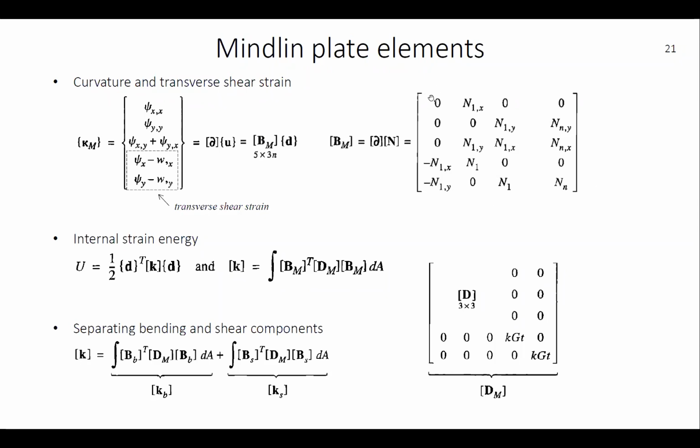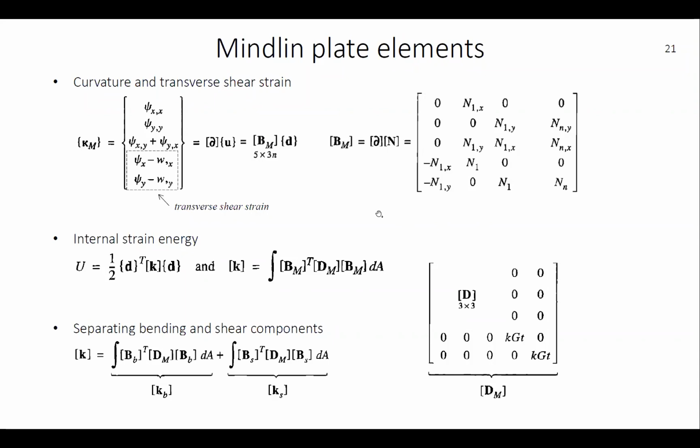This is the resulting B matrix of the Mindlin plate element, where the derivative is the set of first order derivatives, which I don't give in expansion here, but the resulting B matrix is something like this.